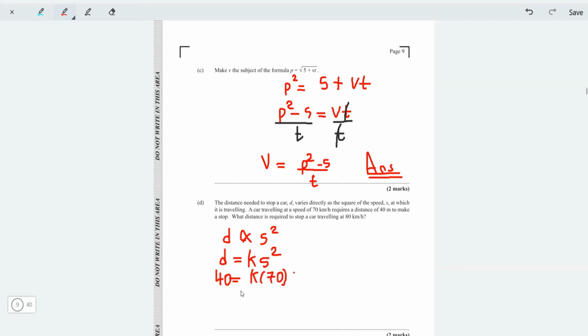The only thing we need to do now to make k the subject is divide by 70 squared. So when you divide by 70 squared, just put that in your calculator, 40 over 70 squared.